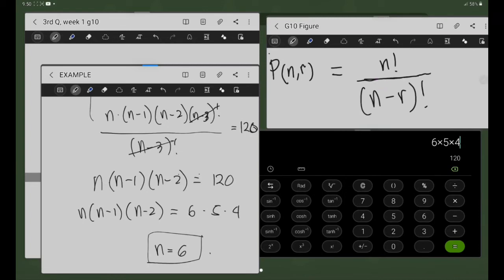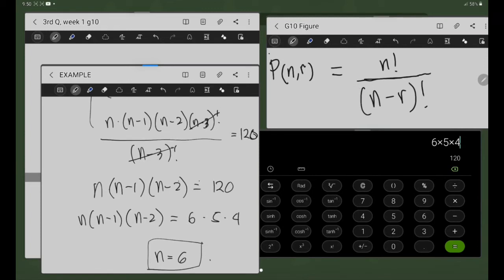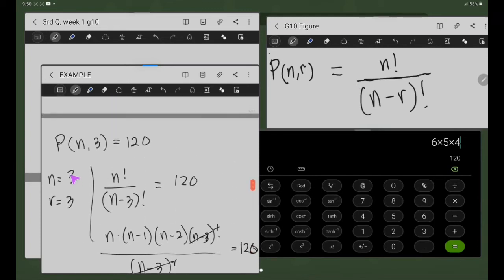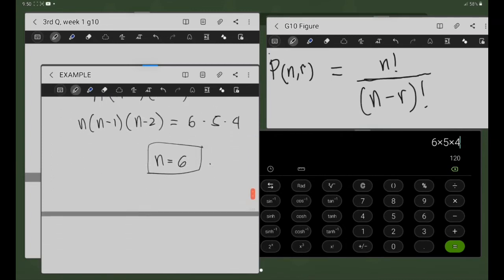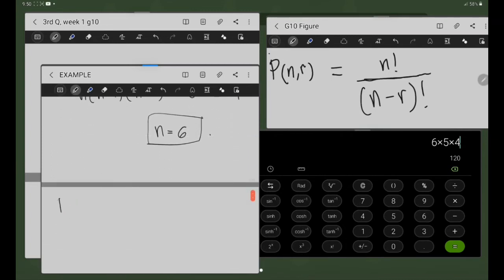Pwede nyo i-check dito, gamitin yung formula na ito. So ito yung n is equal to 6, nPr, permutation of 6 things taken at a time.